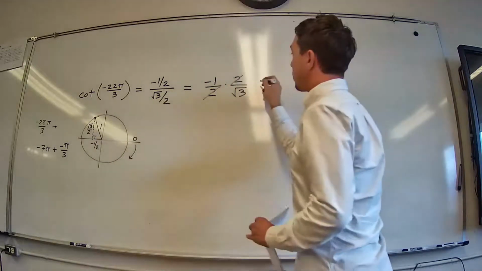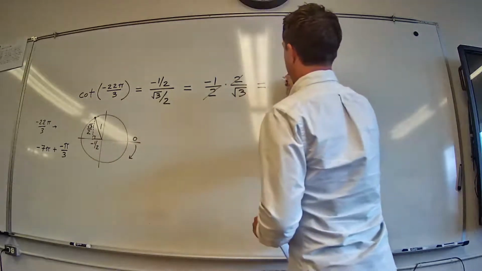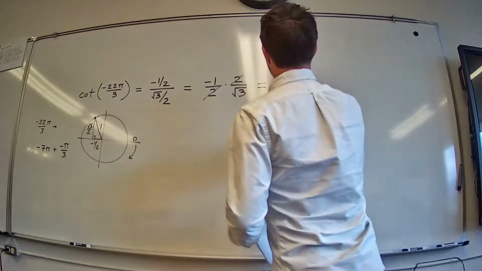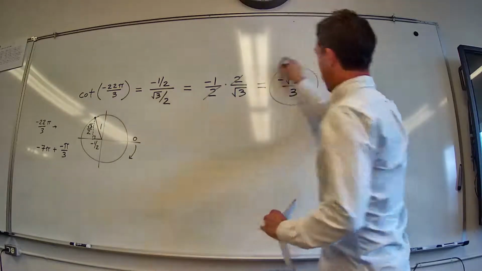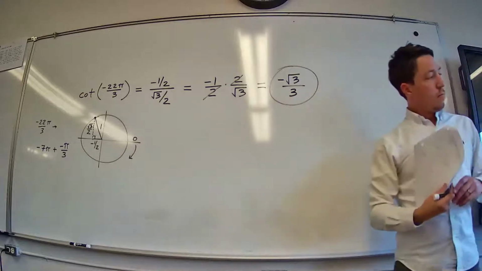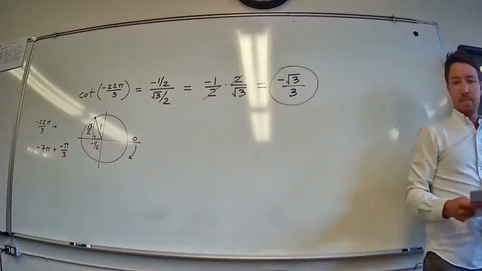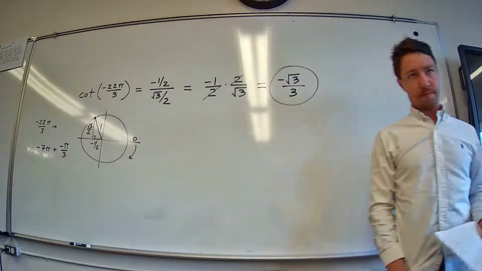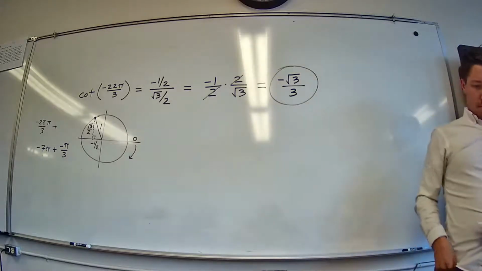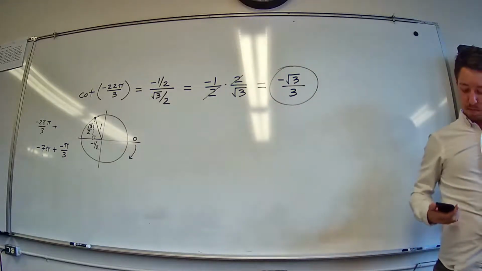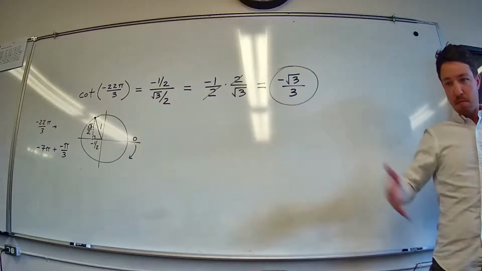The 2's cancel out, and you're left with the cotangent. Are there any questions?